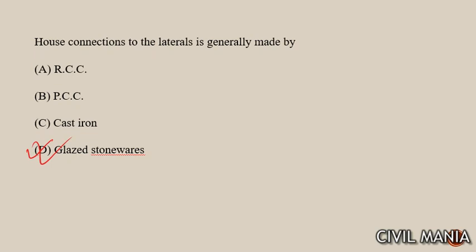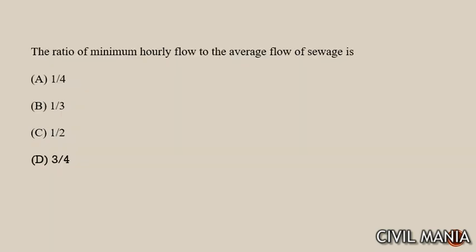Next question is, the ratio of the minimum hourly flow to the average flow of sewer is 1/3.